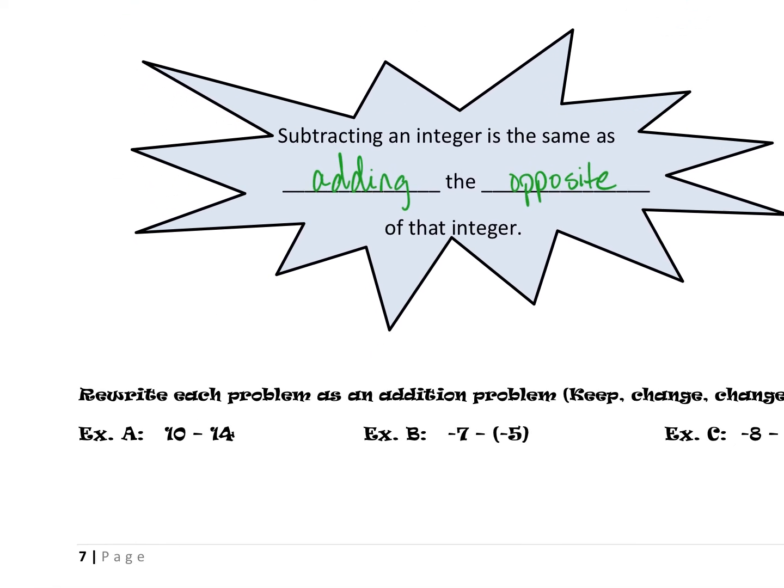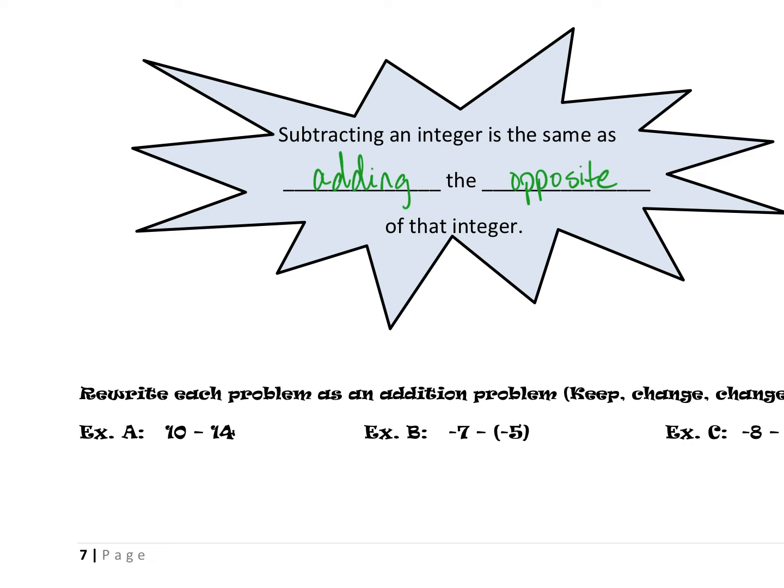So the easy way of remembering that is keep, change, change. Write this down. In other words, we're going to keep the first number. We're going to change a subtraction sign into an addition sign. And we're going to change the sign of the second number, whatever it is.